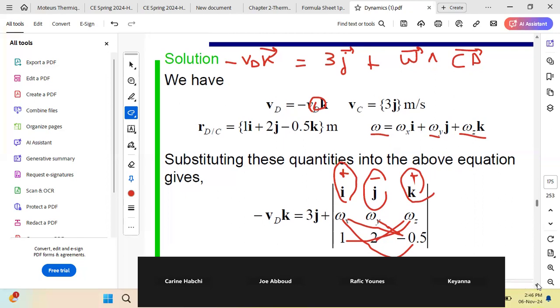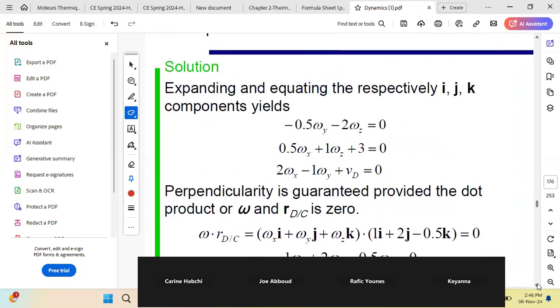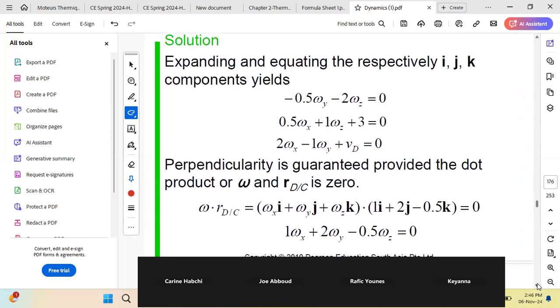So this is my vectorial relation. But since it's a vectorial relation in 3D, comparison along i will give me equation 1, comparison along j will give me equation 2, and comparison along k will give me the third equation.